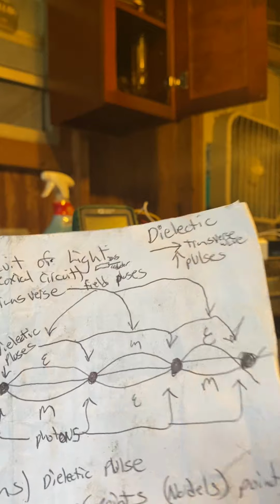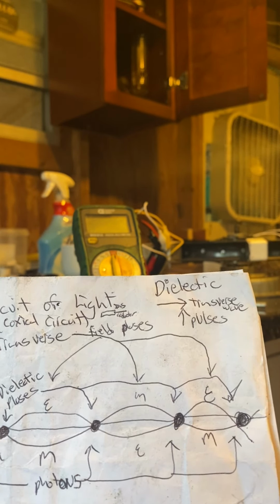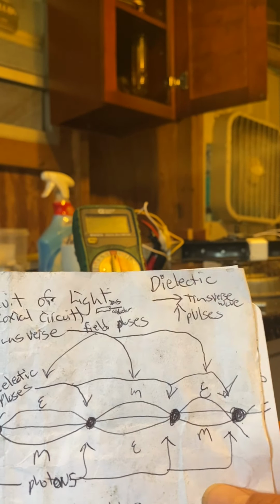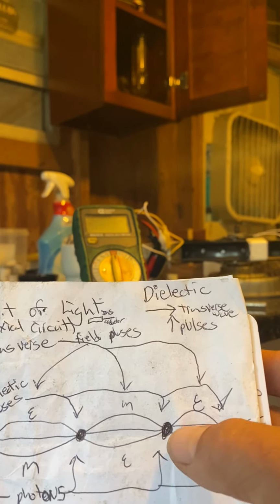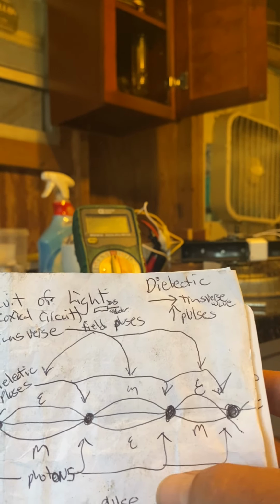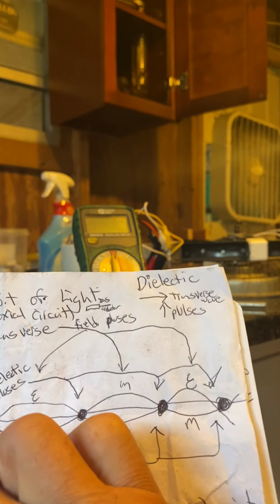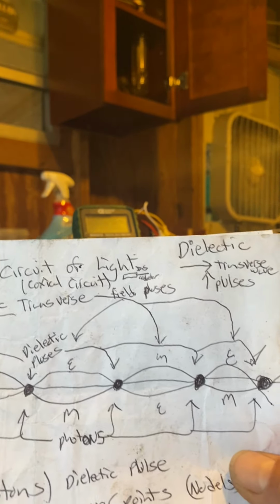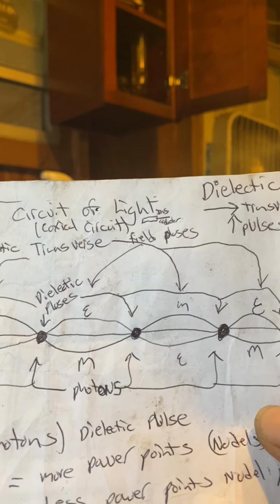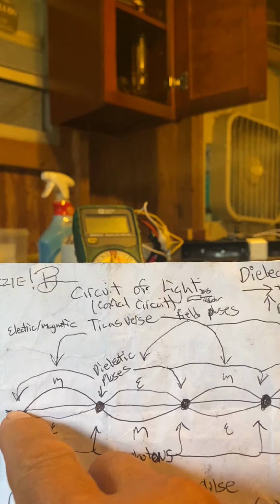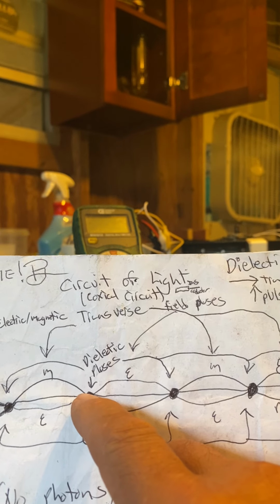Now, they call these nodal points photons, but as far as I'm concerned, there really isn't any photons. These areas here are dielectric pulses. The dielectric is created within the ethereal space of inclusion, meaning that this is a pushed out wave.